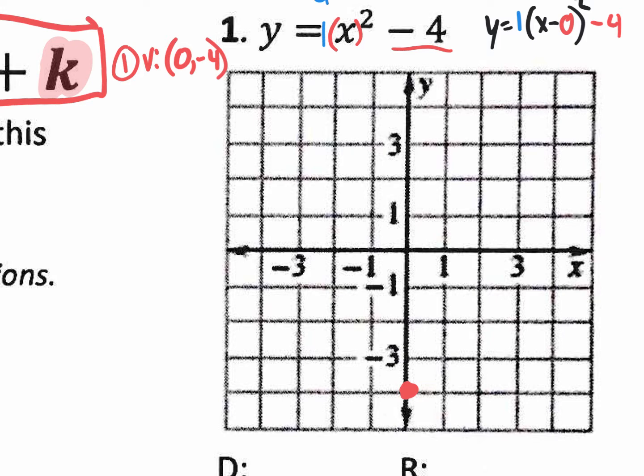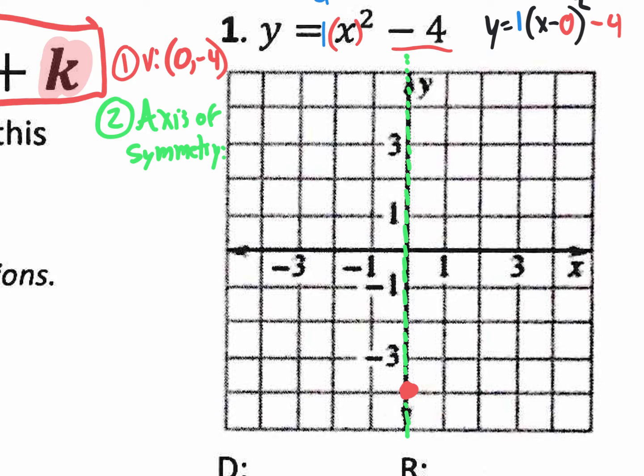Step 2, axis of symmetry. Okay, so let's all write that down. Axis of symmetry. Now, the axis of symmetry, to draw it, is the easiest thing in the world. You just draw a vertical line going right through the vertex.